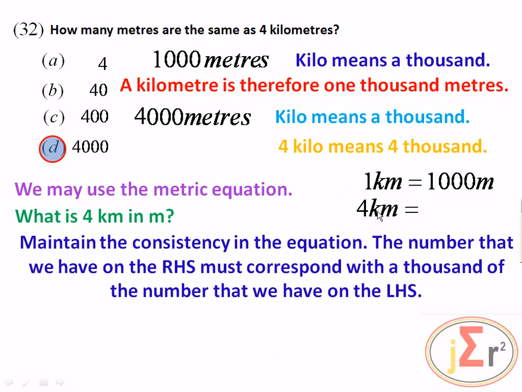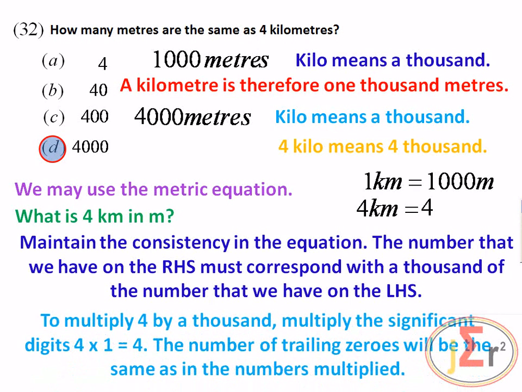So whatever we find on this side, when we transfer or convert, we will have 1,000 times more. So we'll have 1,000 times 4, and that will be what? 4,000 meters. Right, 4,000 meters.